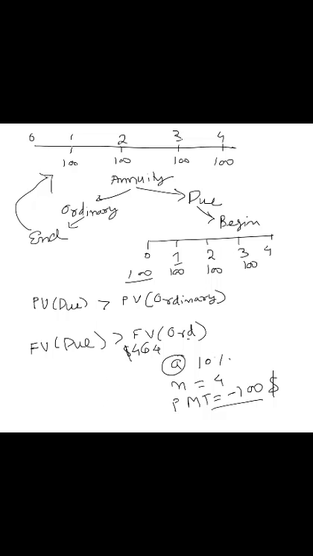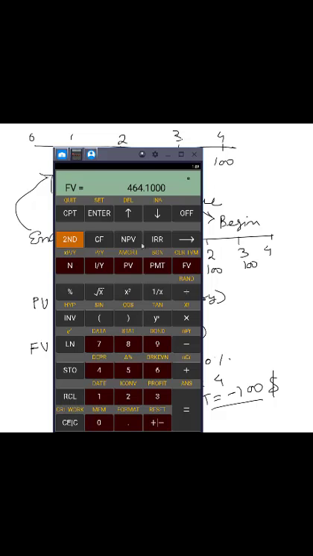And let's go back. If we change our calculator to BEGIN mode to simulate annuity due, we can do this by pressing second, BGN, set. Okay, now it's in BEGIN mode. Since we cleared the memory, let's re-enter the data.